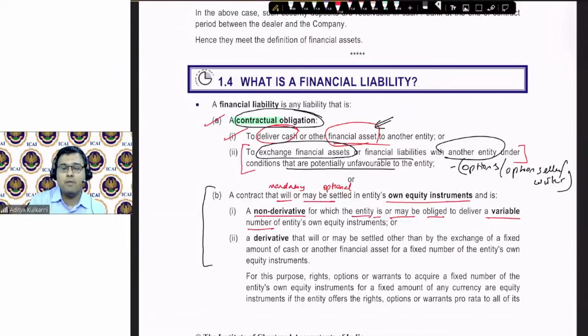In our example, the number moved from 1000 shares to 50,000 shares. कोई भी number of shares issue कर सकता है. Obliged to deliver a variable number of entity's own equity instruments. That means A Limited's own equity instruments are being delivered, and therefore if it is a variable number of shares to be delivered, the contract will end up being a financial liability.